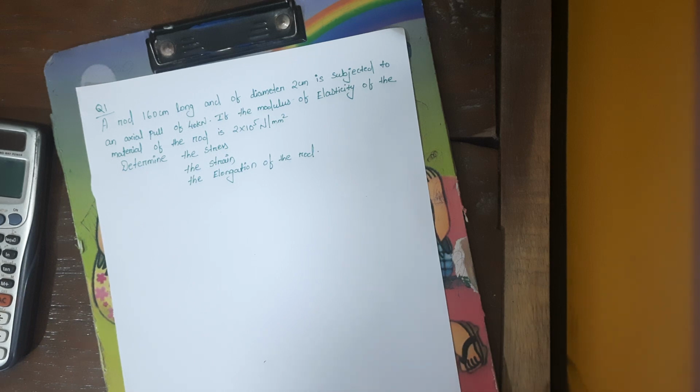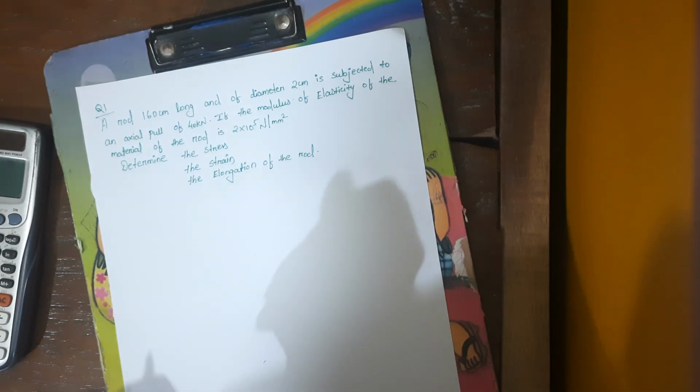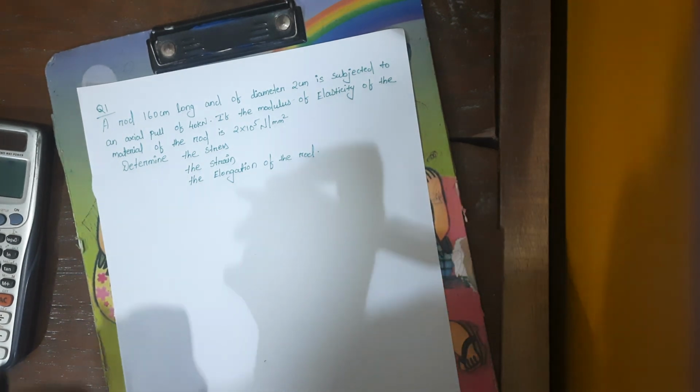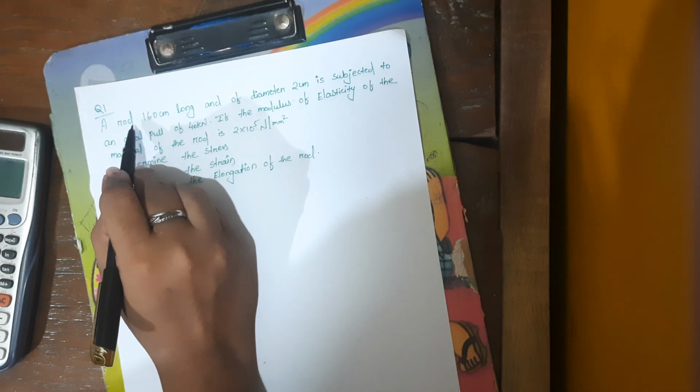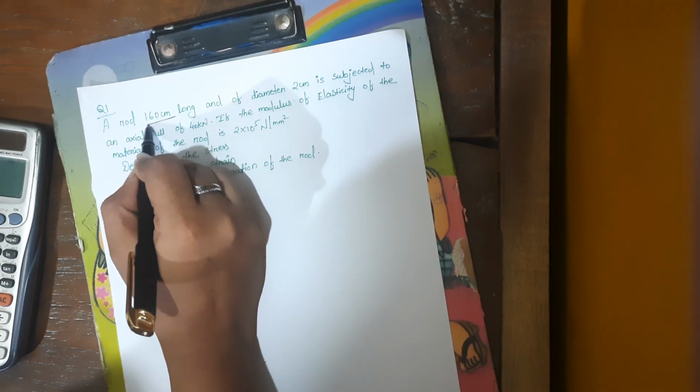Now, what is the given data in this question, and what types of given data will be shown? First, the rod is 160 centimeter long.